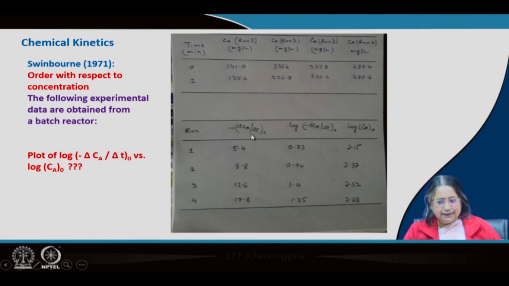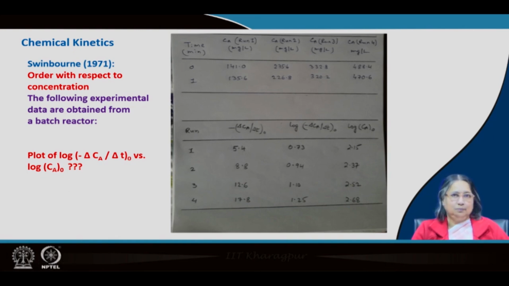Then you take the log of this value, and the log of the initial concentration Ca0. You plot these values against each other, see the slope of the straight line, and then you can easily find out the order of the reaction.